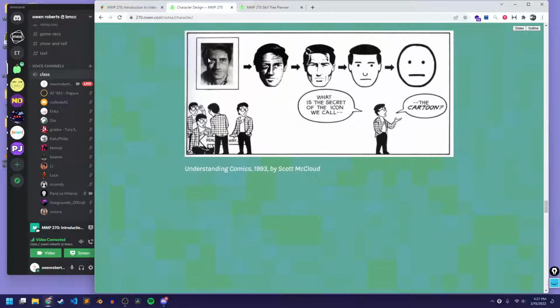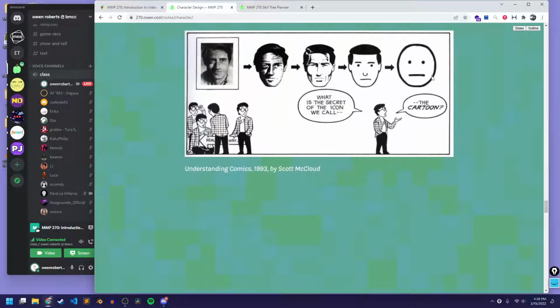We see a spectrum: on the left side is a photorealistic image, I think an actual photo of a guy, and then it goes to a more realistic sketch, then a slightly less realistic cartoon, an even less realistic cartoon, and then just a flat circle with two eyes that has no real distinguishing features. And in the book, McCloud is talking about how we identify with cartoons versus more representational drawings. So with the cartoon all the way on the right, which is almost an icon, it's like an emoji.